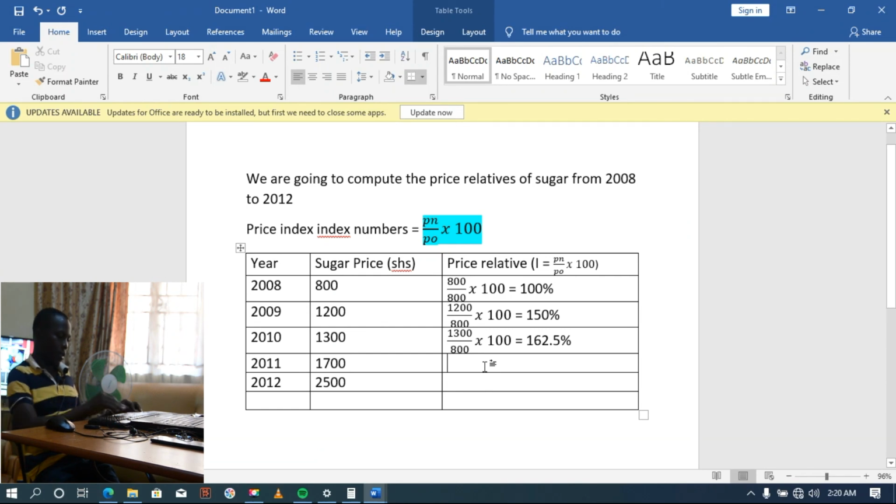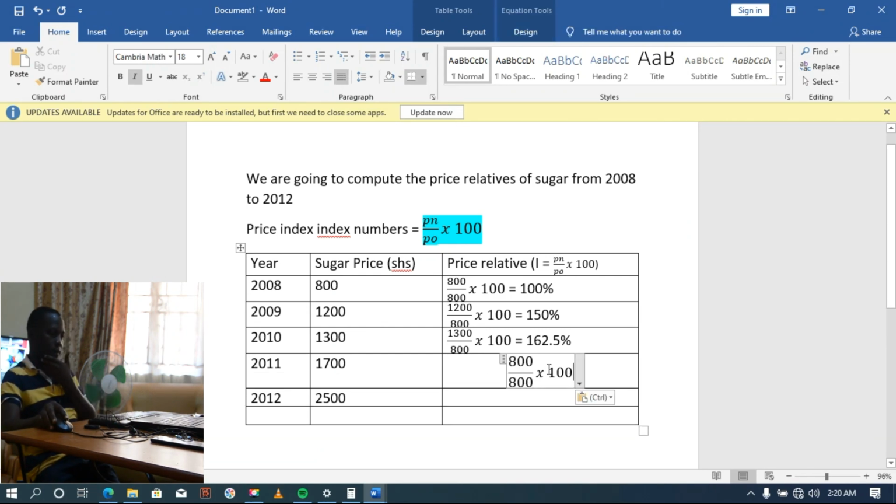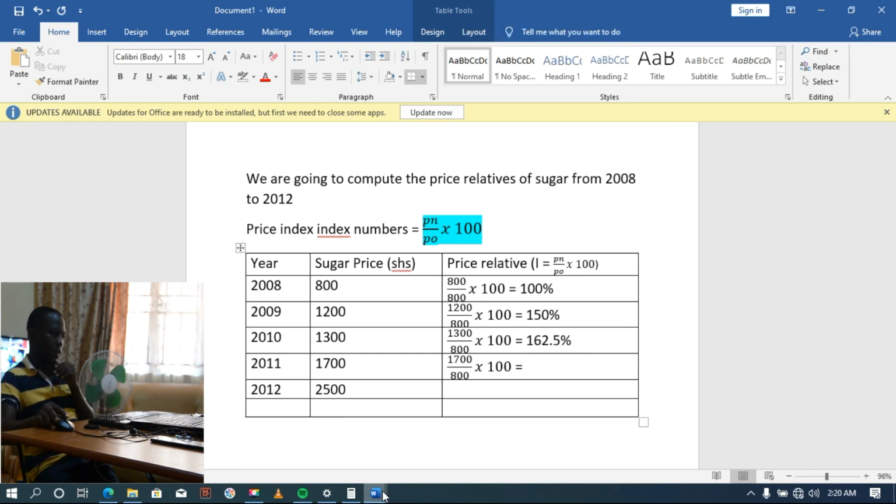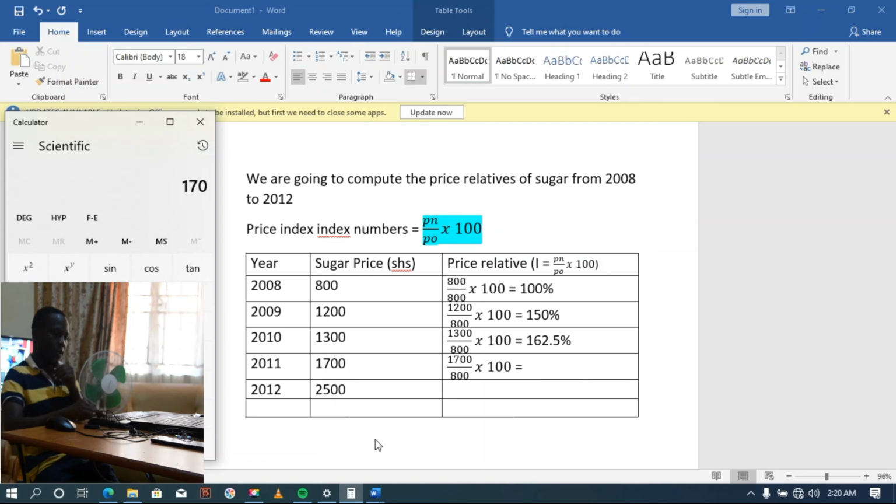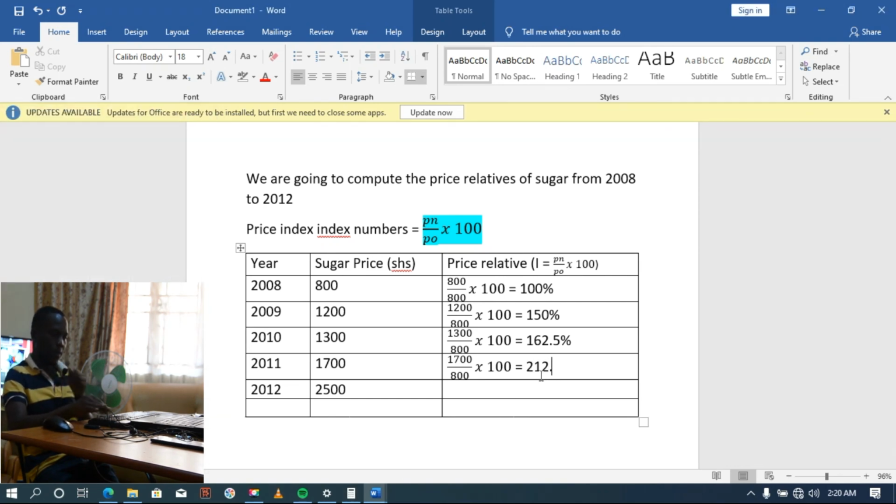Then we come to 2011. The price in 2011 becomes the current year price, that is 1,700, and the price of 2008 remains the base year price. We get 1,700 divided by 800 times 100, which is 212.5%. That still shows an increase in the commodity price in 2011, taking 2008 as the base period.